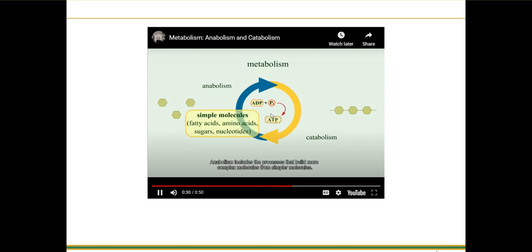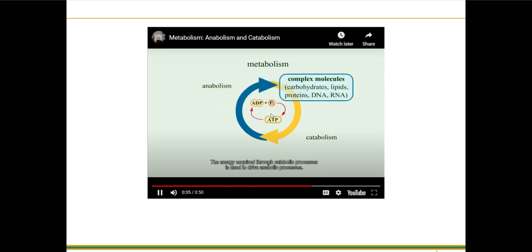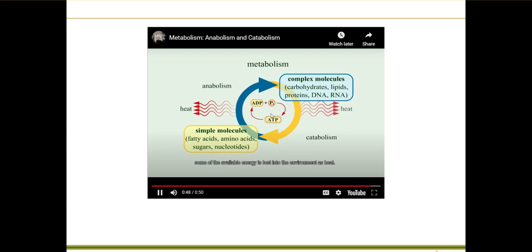Anabolism includes the processes that build more complex molecules from simpler molecules. The energy acquired through catabolic processes is used to drive anabolic processes. Neither catabolism nor anabolism is completely efficient, so at each step, some of the available energy is lost into the environment as heat.